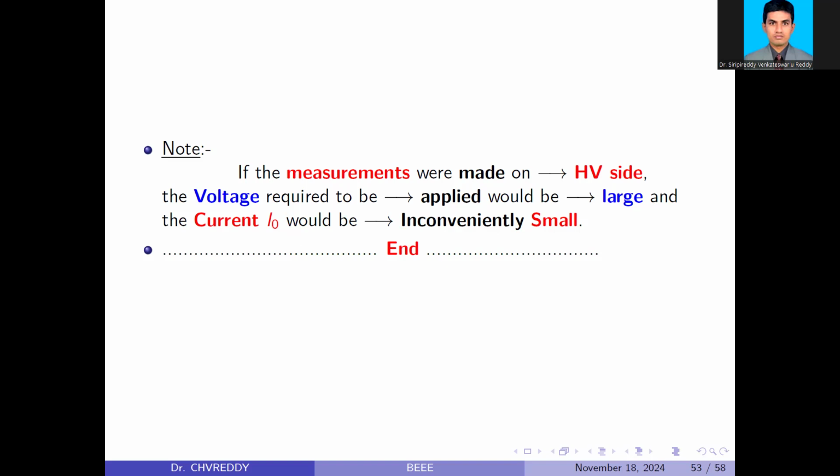Now we have done this on the primary side. In the same way, we can also give the connections on the secondary side, but then you need a large amount of voltage. So this is about the OC test, the open circuit test.